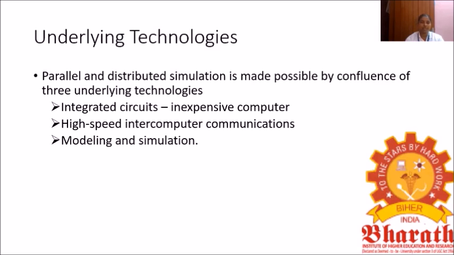The next underlying technology is modeling and simulation. For modeling and simulation, the final ingredient added is to enable the construction of models of actual or envisioned real world systems that can be represented in the internal storage of a computer, and manipulated by computer programs to emulate the evolution of the actual system over time.